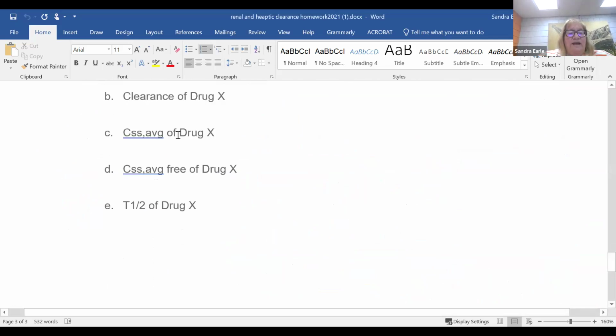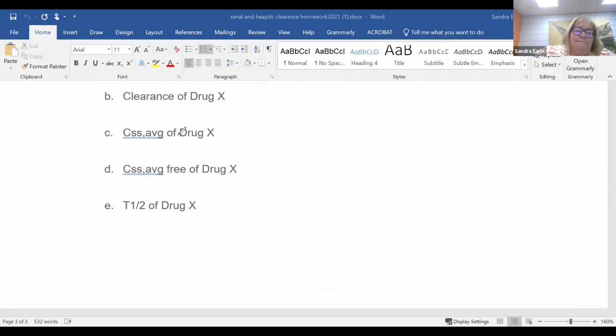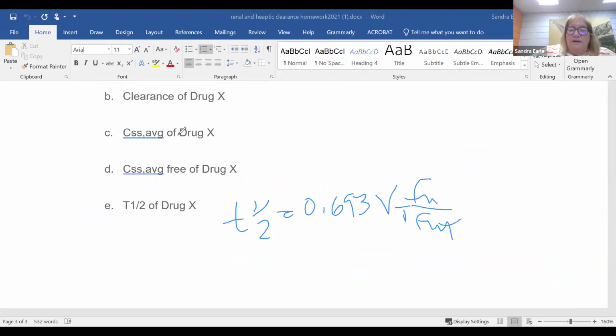And how about finally half-life? Half-life is equal to 0.693 times volume over clearance, and our volume is dependent upon our binding. And what's happened here, we've had a decrease in our fraction unbound. So we're going to have a decrease in our volume, which we already decided.